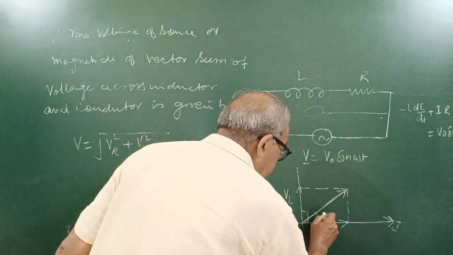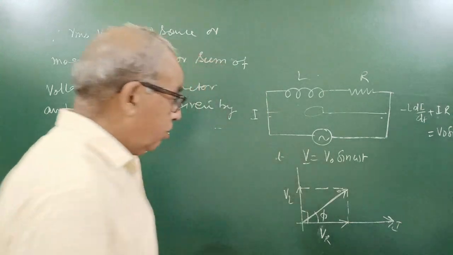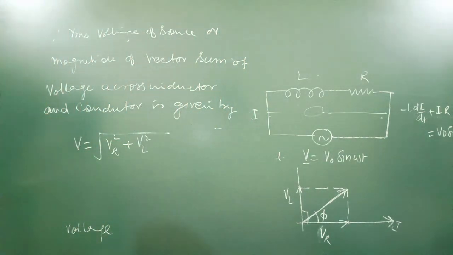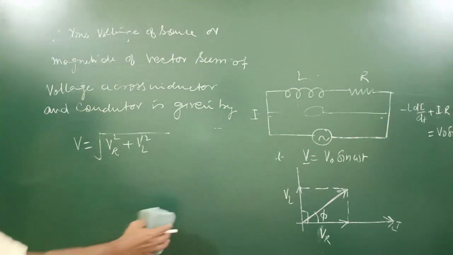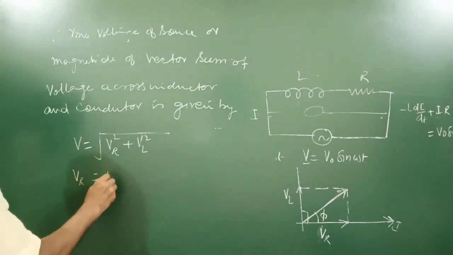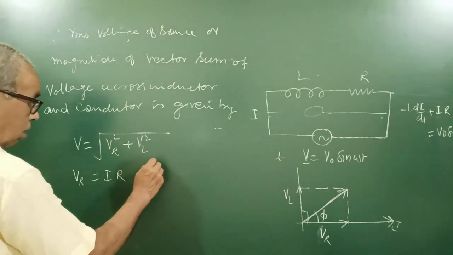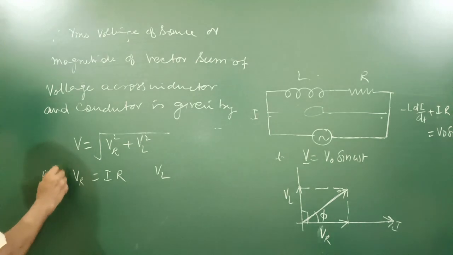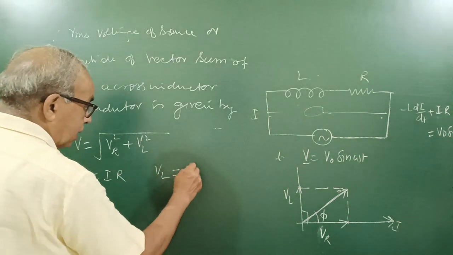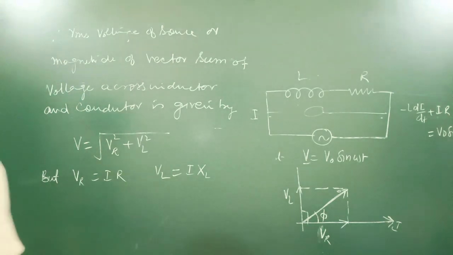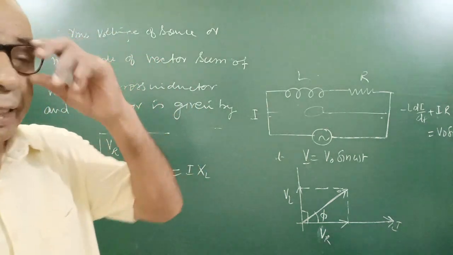And this voltage here has a phase difference with VR or I. But now we know VR equal to IR, or VL equal to I XL. Remember the name of XL? Inductive reactance.